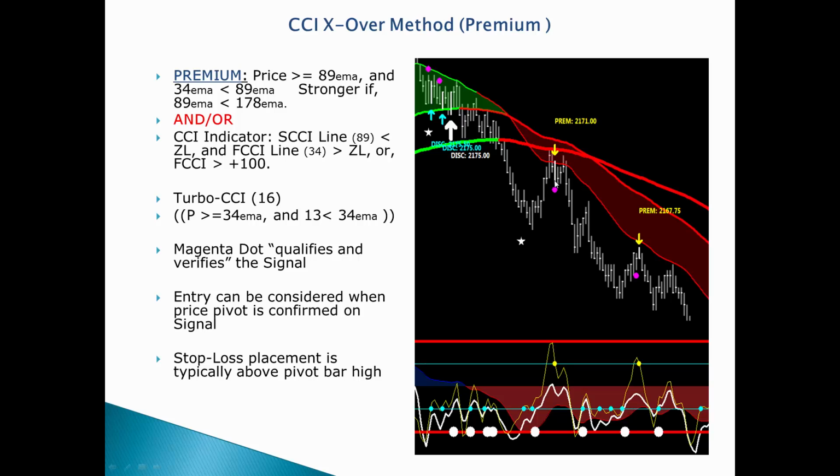The software generates it automatically, giving us a magenta dot. As it states over here to the left, the magenta dot qualifies and verifies the signal. Entry can be considered when the price pivot is confirmed on the signal. Stop loss goes above the pivot bar high. Pretty straightforward. You want to be catching, guys, the first pullback.